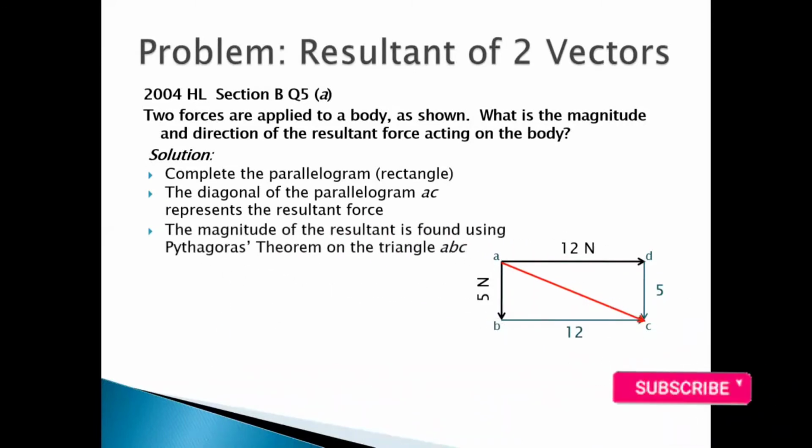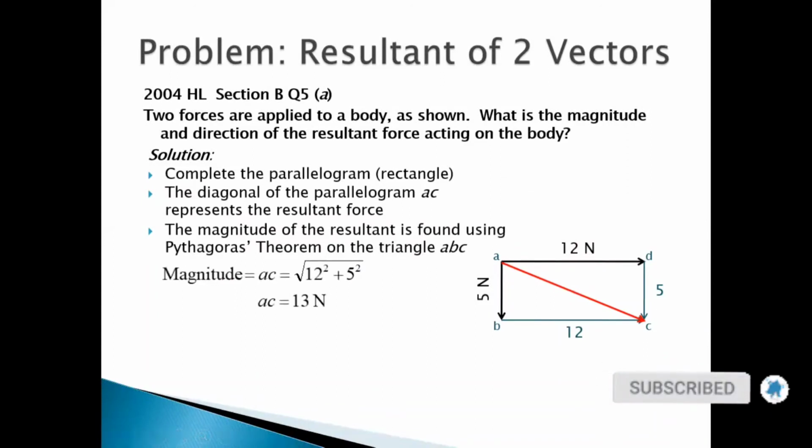The magnitude of the resultant vector is found using the Pythagorean theorem. Ayan, ano yung Pythagorean theorem? C is equal to the square root of A squared plus B squared. By substitution, you have 12 squared and 5 squared, and then you will have 13 newtons.